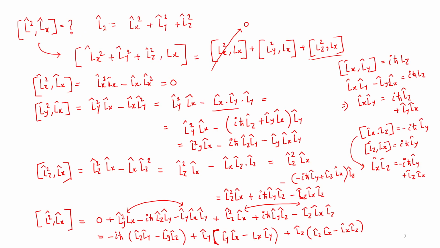L square Lx, we got minus iħ, so see Lz Ly minus Ly Lz, so this gives us minus iħ Lz commutator Ly, this is the shape, right?